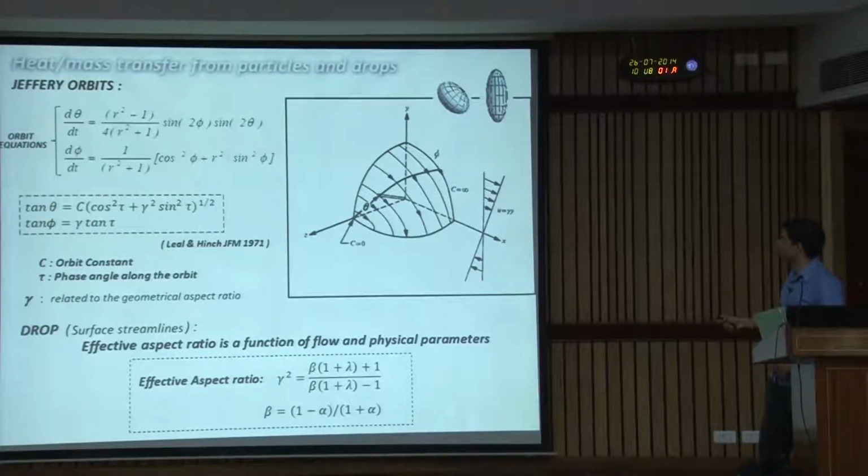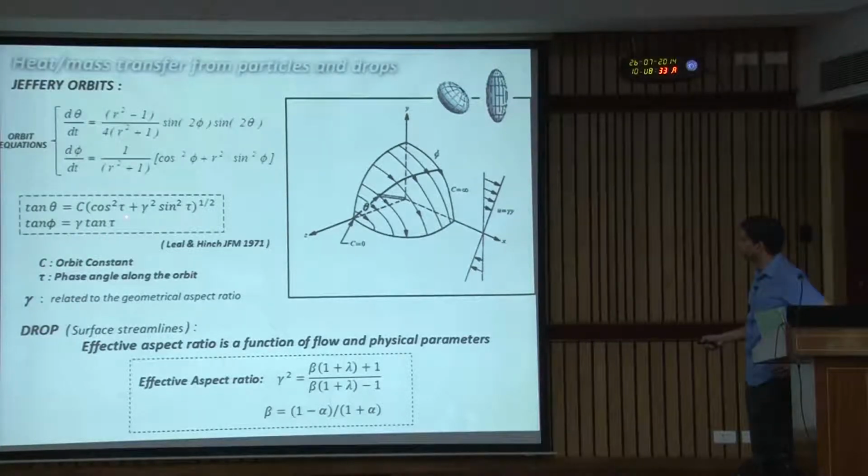Right. So, these are the equations. These are the orbit equations in spherical coordinates. R is the aspect ratio of the spheroid. Those are the Jeffery orbits. You can see theta is the polar angle with respect to the z axis, that is the ambient vorticity, and phi is the azimuthal angle. Now, you can actually solve this, that is fairly trivial. When you solve it, you get two constants of integration: one constant of integration, which is c, and then there is a tau.